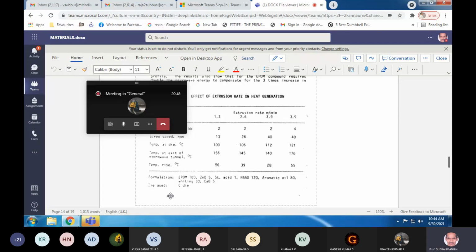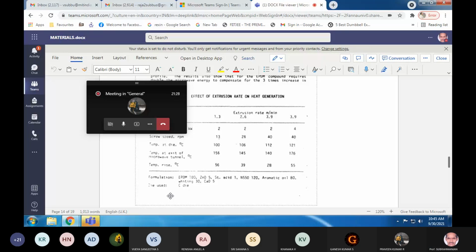We notice that there is increase in the temperature. Right. So microwave heating is primarily to take the compound close to the vulcanization temperature. So vulcanization is complete in the hot air tunnel. So microwave, what does it do? It prepares the compound. Heating is generated internally, and the vulcanization is complete in the hot air tunnel.